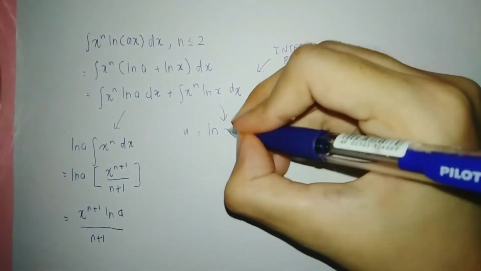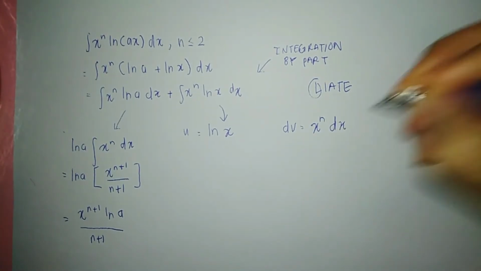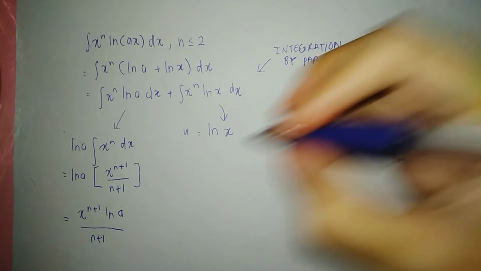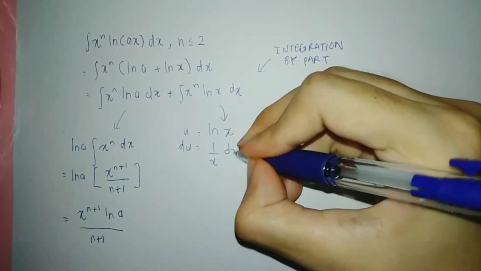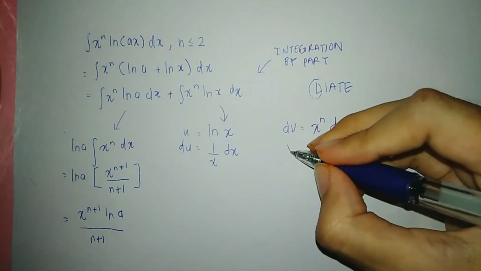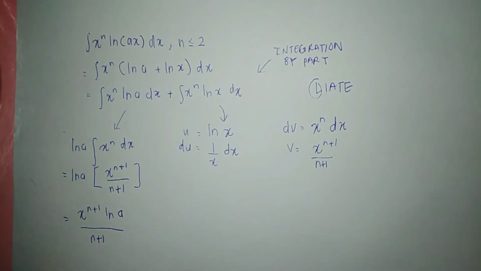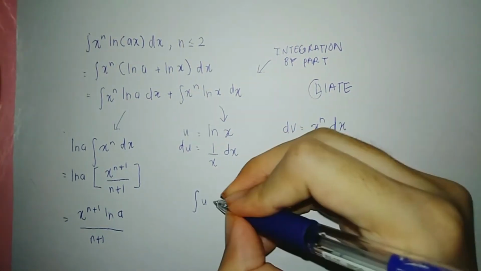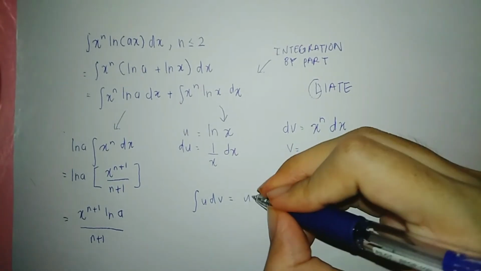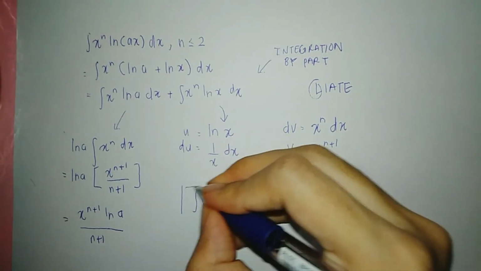U is ln x, so dv is x to the power of n dx. So du is equal to 1 over x dx, and v is equal to x to the power of n plus 1 over n plus 1. Next, you have to remember the formula of integration by parts, which is integrate u dv equal to uv minus integrate v du.